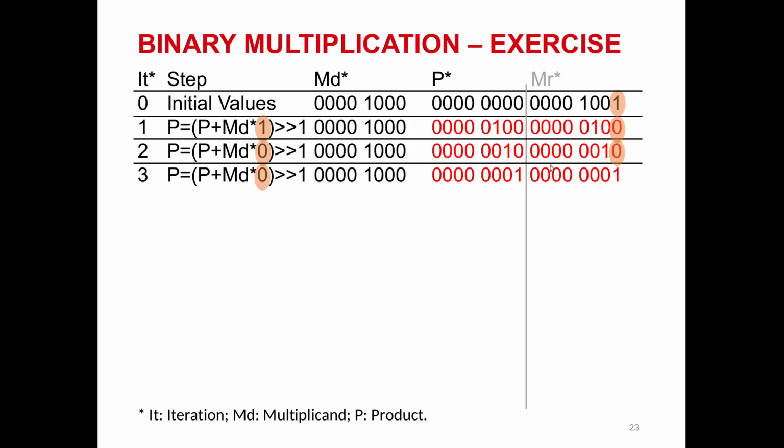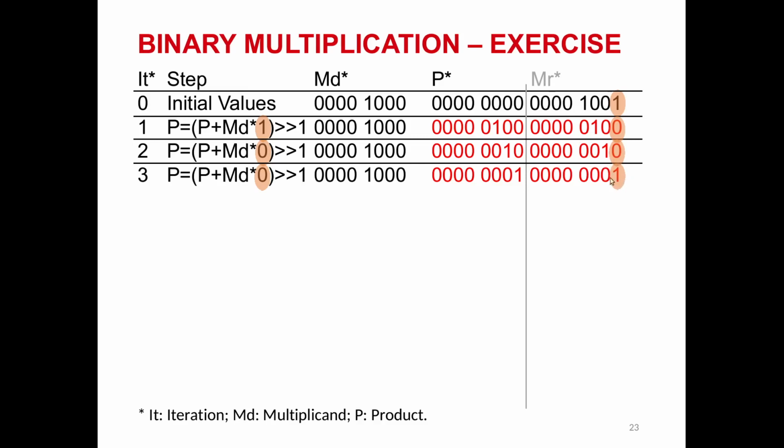When shifted to the right 1 bit, it changes into this result, and here we can see that we have the value 1 located at the end. It means that the least significant bit of the multiplier now is 1.